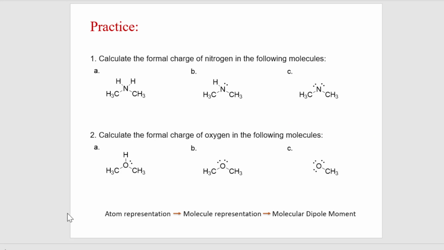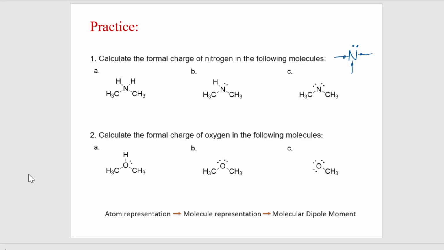Here's a little practice for you. Calculate the formal charge of nitrogen in the following molecules. So first, I'm going to say to myself, nitrogen. I look on the periodic table, which I should always have handy, and I know that it's in group 5. So I draw the valence electrons. I know that the normal bond trend is 3 bonds and a lone pair.